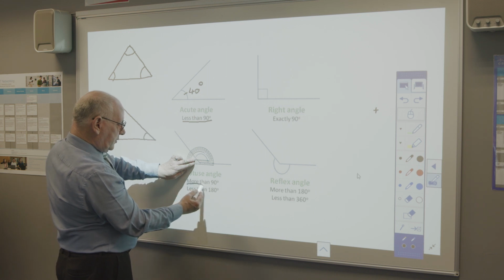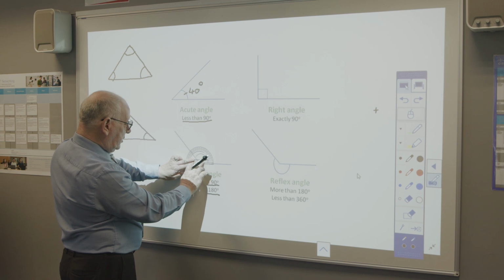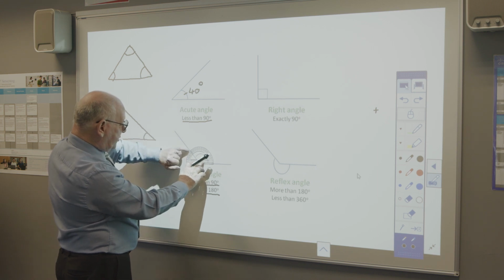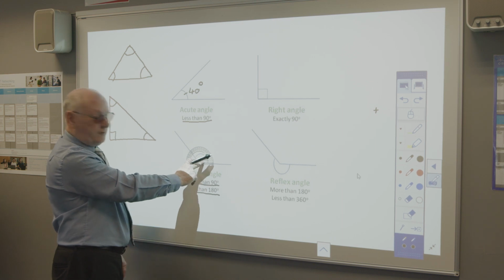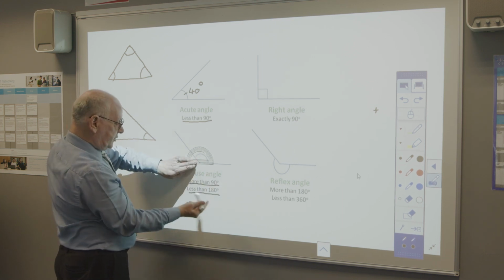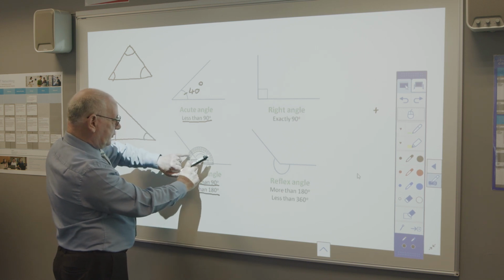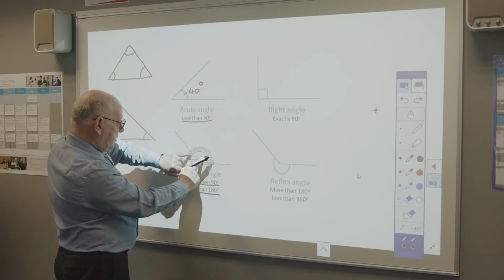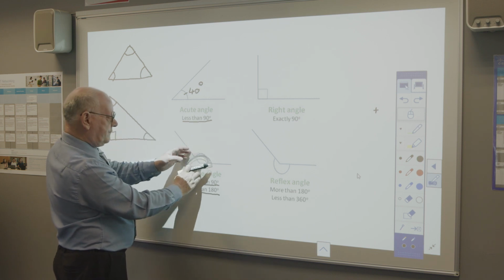It's an obtuse angle, it's more than 90, but it's less than 180. So the top scale is saying it's 45. It can't possibly be 45. It's an obtuse angle. It's got to be more than 90. So it must be the bottom one. And that's 135.